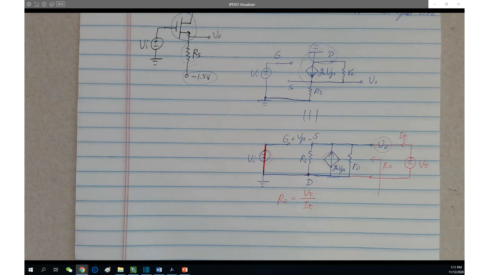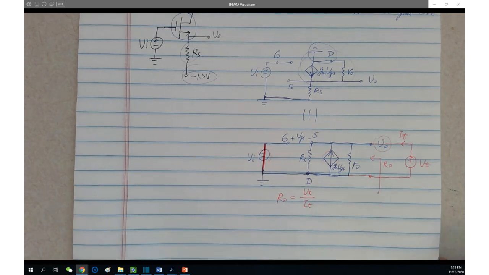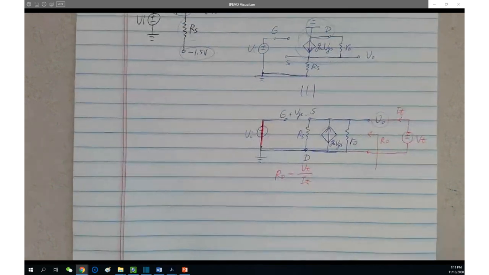We can only find the ratio between them, which is R0. So if you're expecting to find the Vt value, the It value, that's impossible. You can only find the ratio between them. All right, now if all of these concepts are clear, then the next step is just time to write equations.